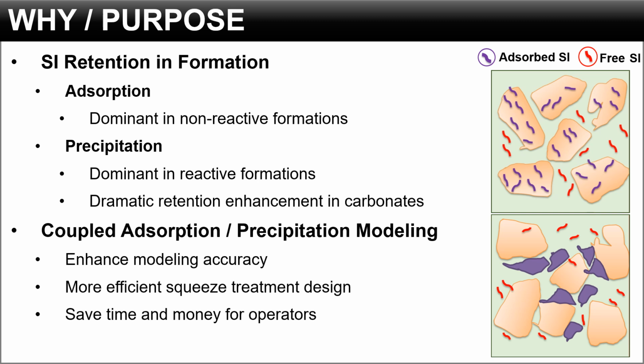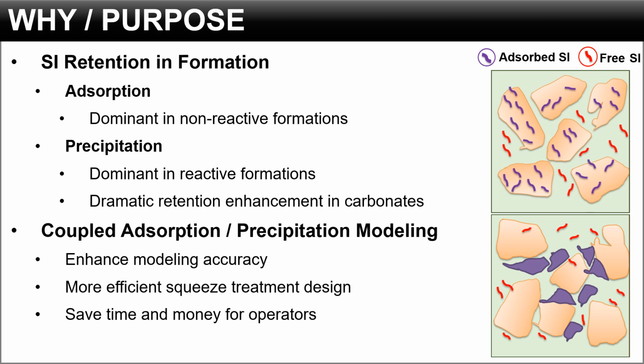But unfortunately, currently the simulations are not comprehensive. In other words, they are not considering the detailed mechanisms that occur in the scale inhibitor interactions with the formation. Scale inhibitors are usually retained in the formation through two different mechanisms.